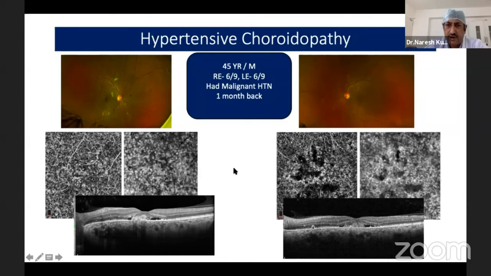This choroidal insufficiency can cause RPE infarction, and it can change the permeability of the blood retinal barrier. So that's why you see this hyperreflective material here and the subretinal fluid. So in a patient with high BP, doing FFA is not easy and it's not indicated. So OCTA can be very useful in malignant hypertension and patients with hypertensive choroidopathy.